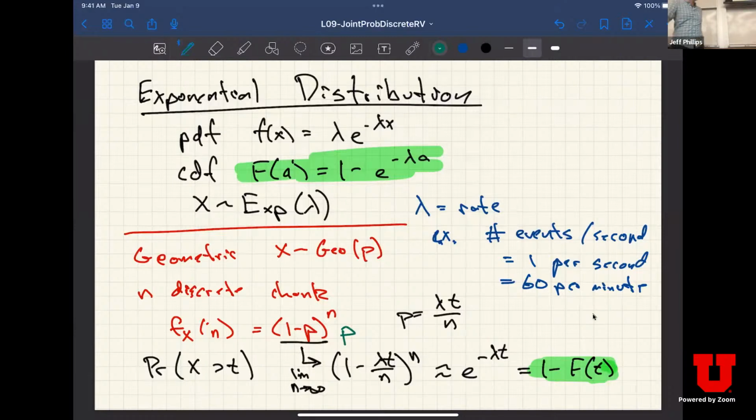What's going to happen to this p as n gets very large? It should become a very small probability of it actually happening in the last chunk. As n gets very large, it's approaching the continuous distribution, and the probability of it happening exactly at that point goes to 0.